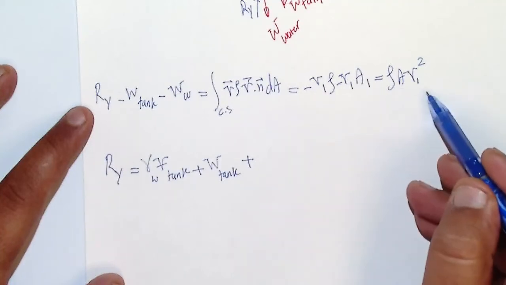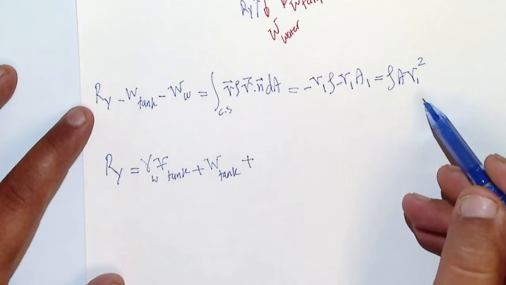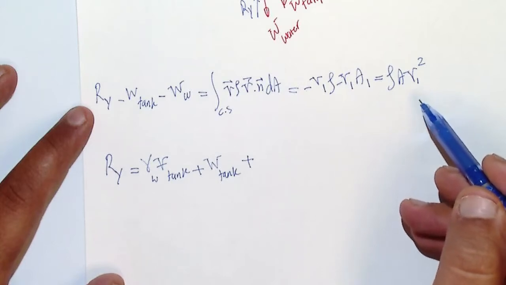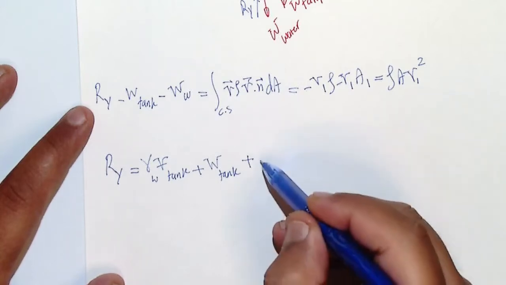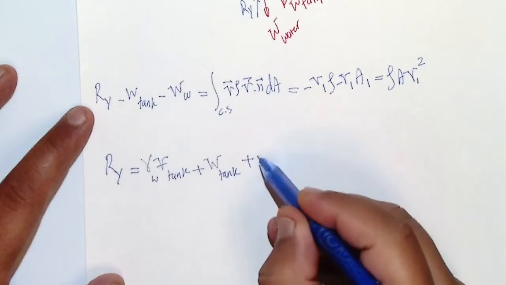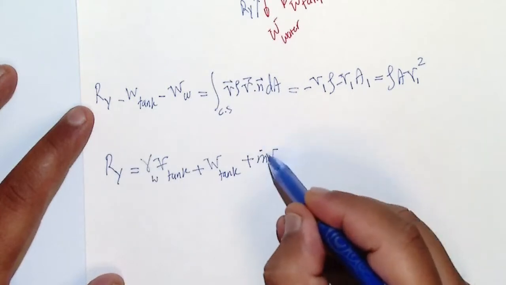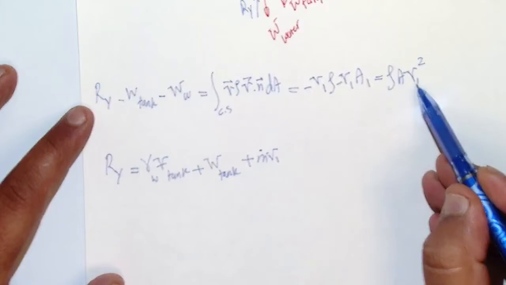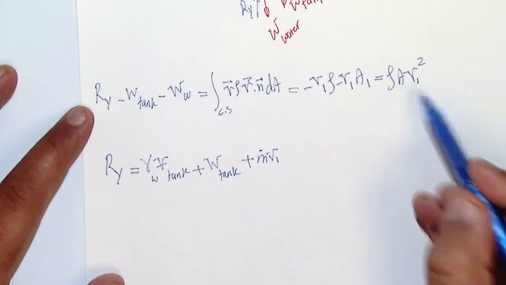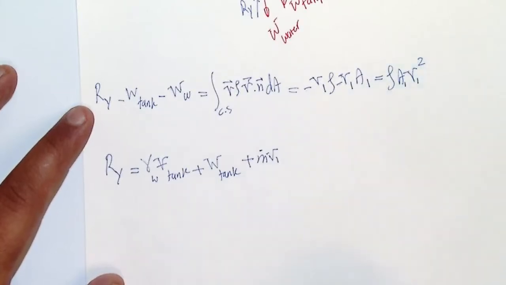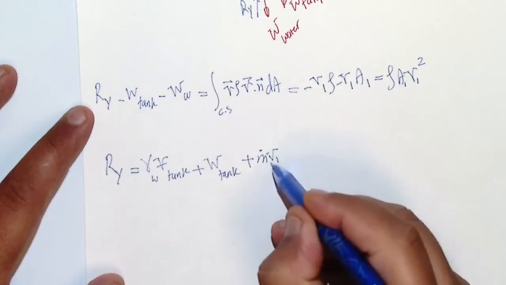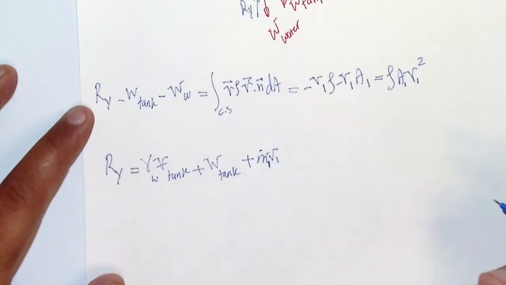Instead of rho A V, I can use m dot. So I can write m dot times V1. Keep one of V1 in rho A V, and let's have A1 here, and m dot 1 V1 is going to be the thing that you need here, okay?